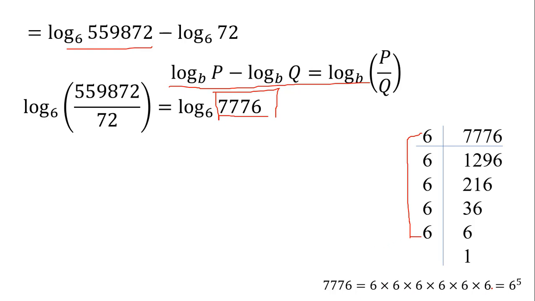So I'm having 6 raised to power 5: 1, 2, 3, 4, 5. I'm having 6 raised to power 5. So 6 raised to power 5 will give me 7,776.